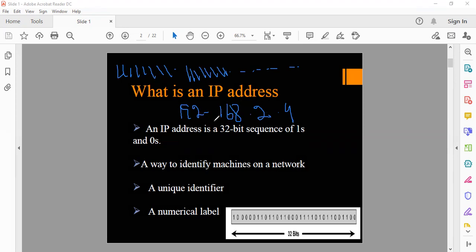And each device has a unique IP address at a certain time, and it will uniquely identify that device to communicate in a particular network at a given time.